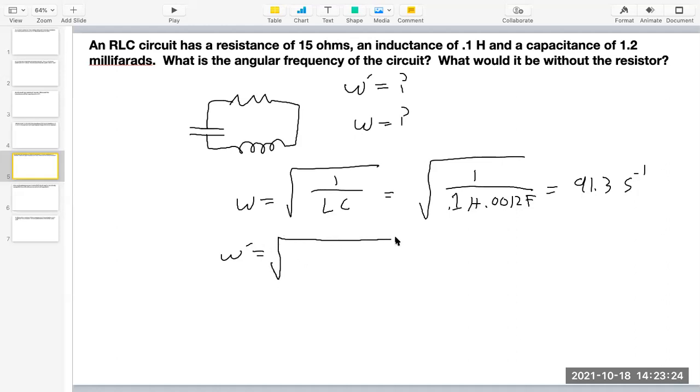So we just need to add in a little bit extra for our resistor.